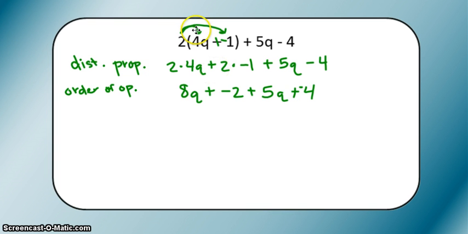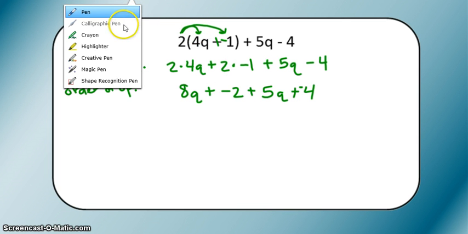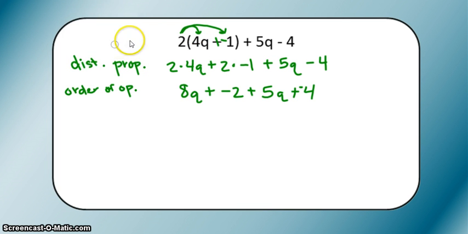Guess what? We have some like terms. So I'm going to use my highlighting technique. Here is 8q. Here is 5q. They both have the same variable part, which is q. Here is negative 2 and negative 4. Those both have the same variable part. They don't have a variable attached to them.